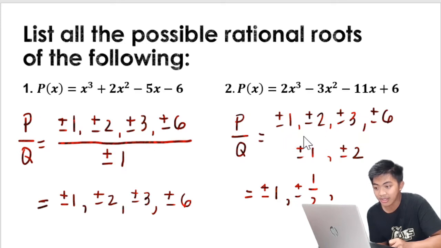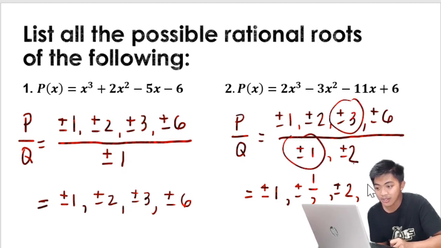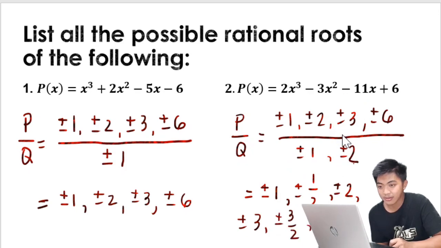Ito naman, that is positive negative 2. Kung i-divide natin ang mga to, actually the result is 1. So meron na siya, we don't need to write it again. Next, we divide this by this one. So that is positive negative 3. And then, ito naman, that is actually positive negative 3/2. Kung i-divide naman natin to dito, that will be positive negative 6.